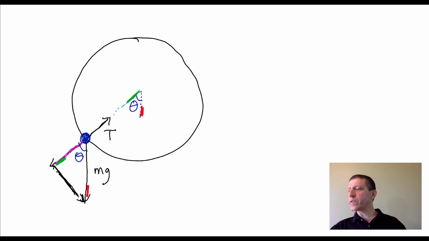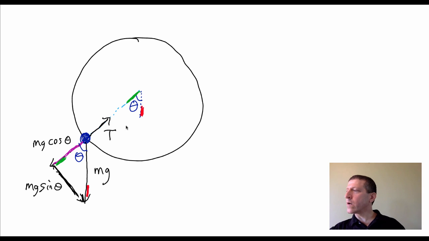Cool, we got that. Now let's figure out our components. Again, the force of gravity is the hypotenuse. So this side is the opposite. This is mg sine theta. This side over here is going to be mg cosine theta because it's the adjacent side to theta.